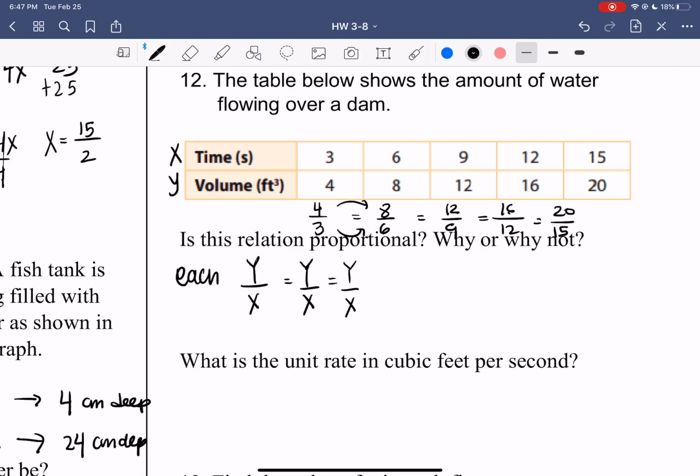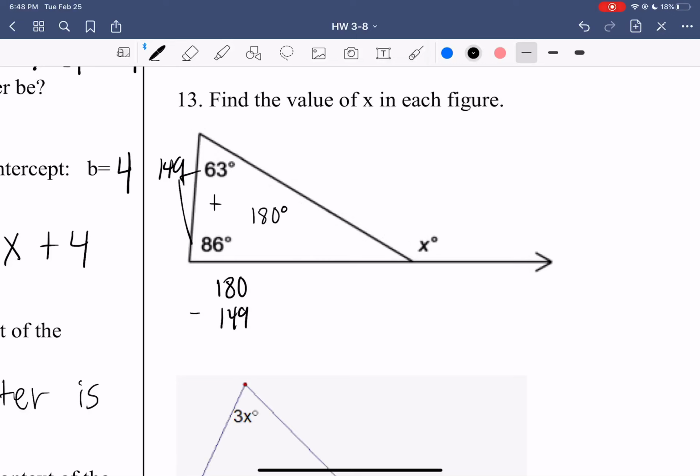Well, first, I'd want to add those up first. 63 plus 86. So this plus this is 149. Then I'm going to want to subtract that from 180. 180 minus 149, I'll get 31. And then I know that this angle right here has to be 180. So then I can take 180 and subtract 31, and I get x equals 149.